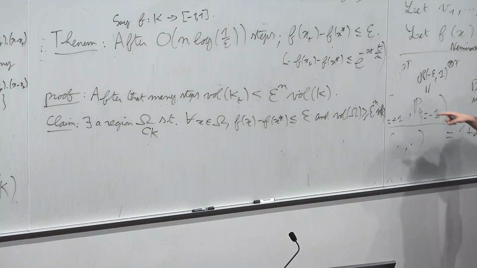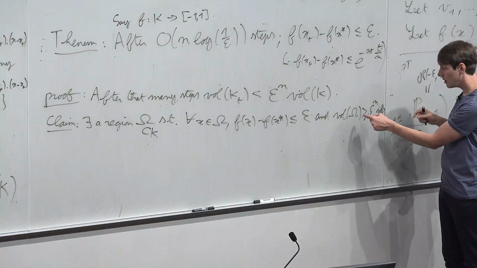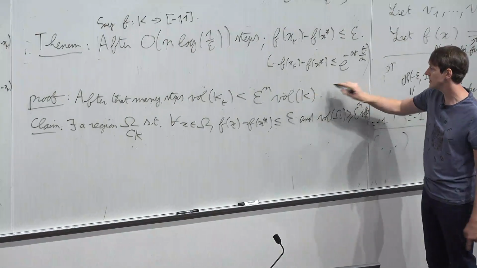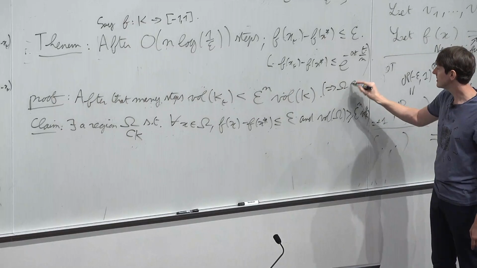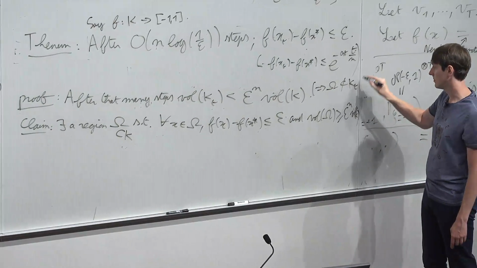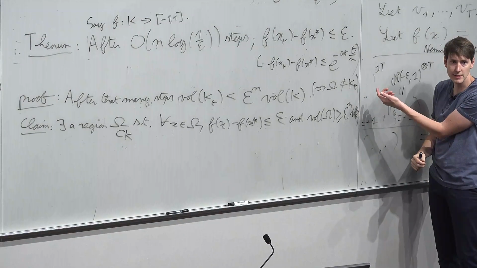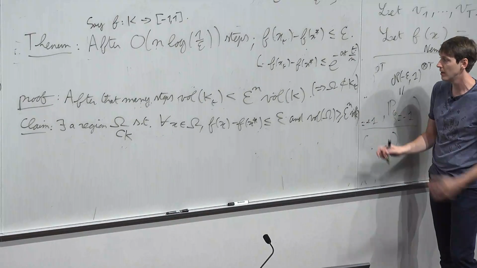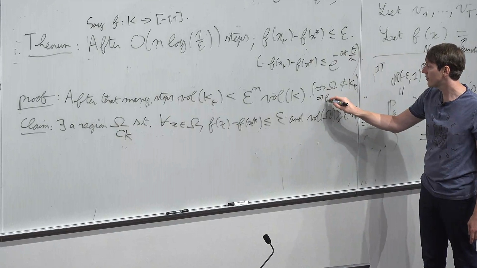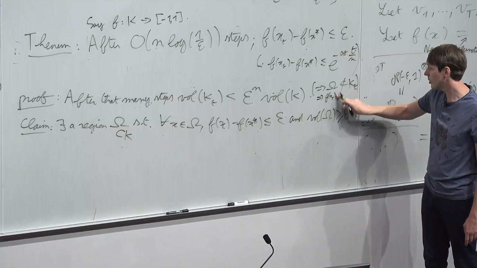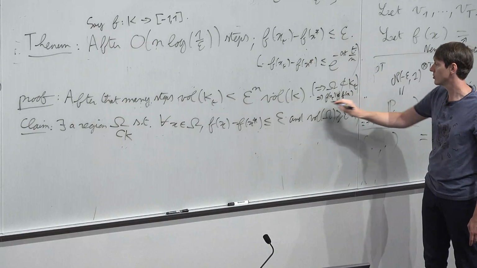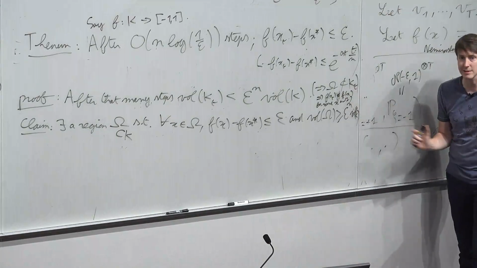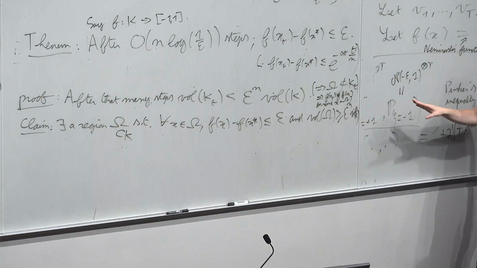Why? I must have cut a point from omega. This inequality implies that omega is not included in K_t. Because if omega was included in K_t, the volume of K_t would be bigger than the volume of omega, which is bigger than epsilon to the n times the volume of K. So this implies that f of x_t is smaller than f of x for some x in omega. But all the points in omega are good, so x_t is good. Okay, that's the reasoning.